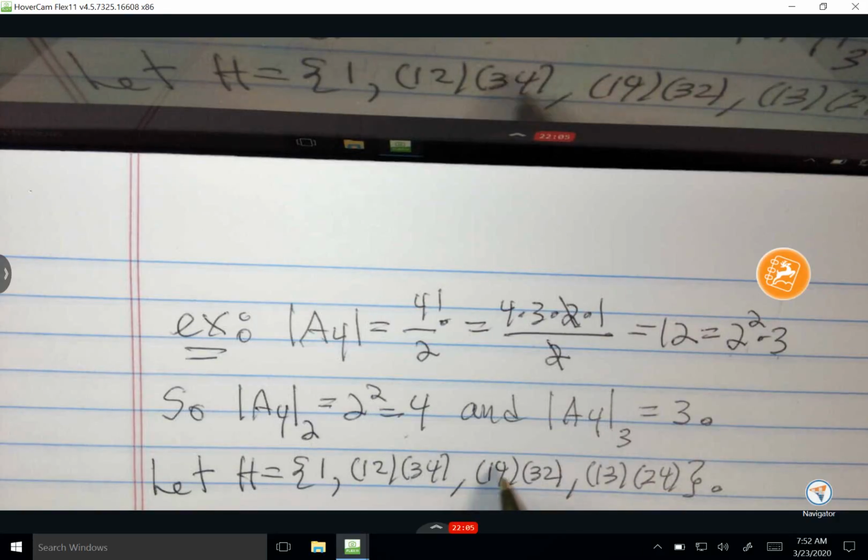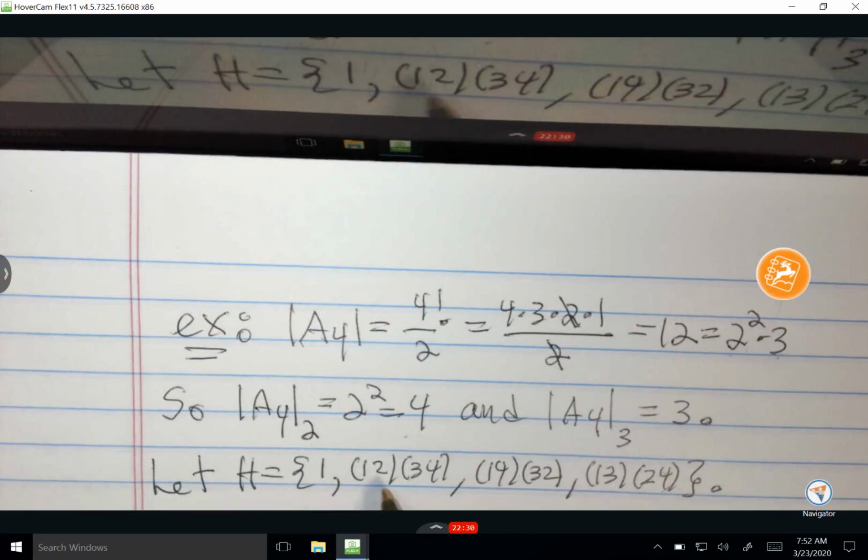In other words, this one times this one is this one. Compose them and see for yourself. And this one, follow the pen, times this one is this one. And this one times this one is the middle one. So it's closed.